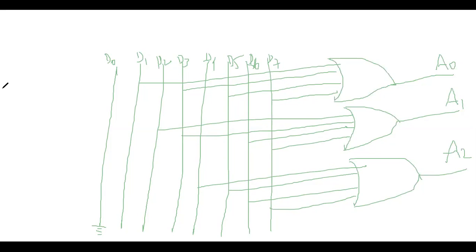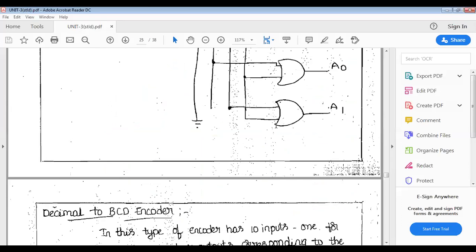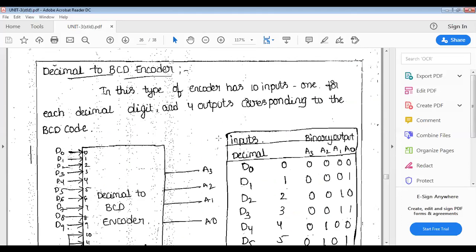Then the next topic is the decimal to BCD encoder. The decimal value and the BCD for 0 to 9, whatever we have, the binary and the BCDs both are the same. BCD means binary coded decimal.